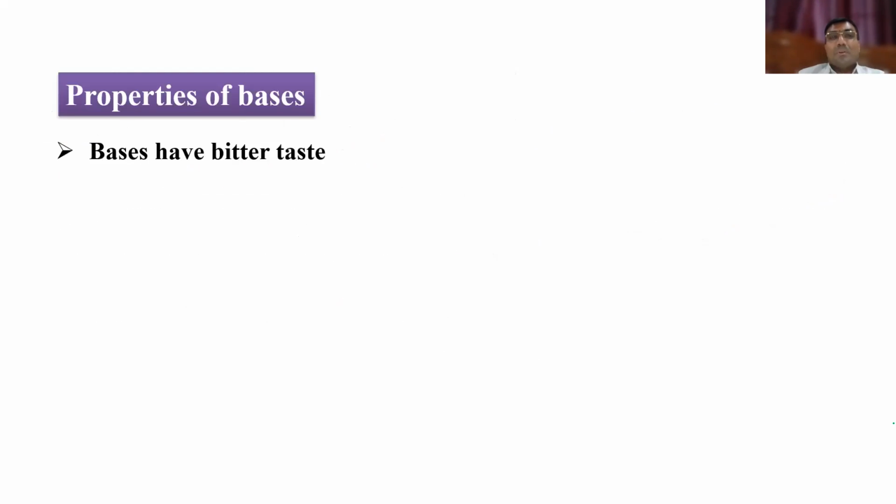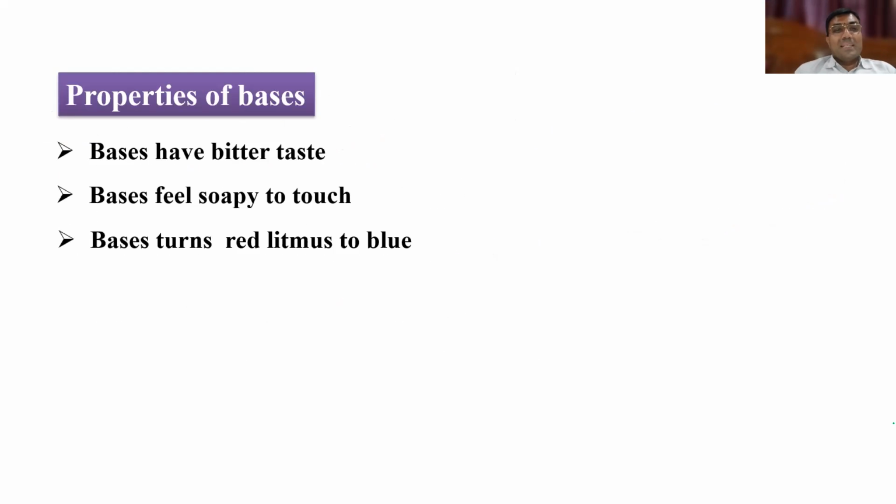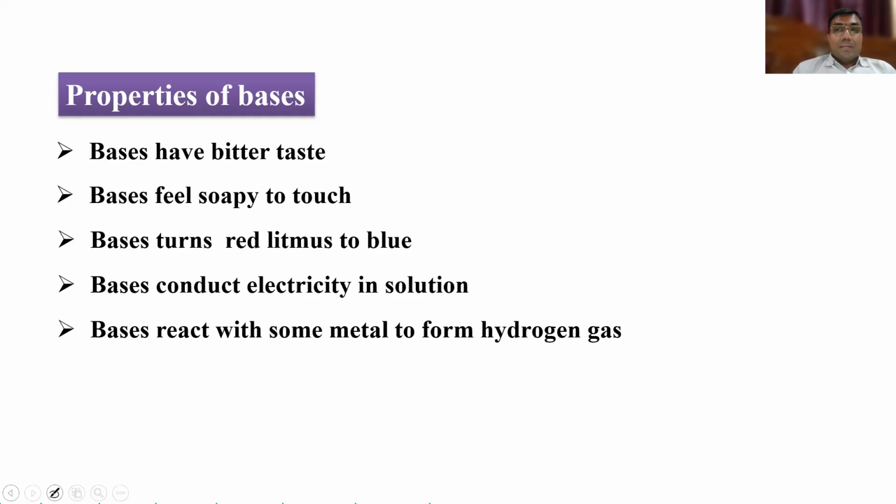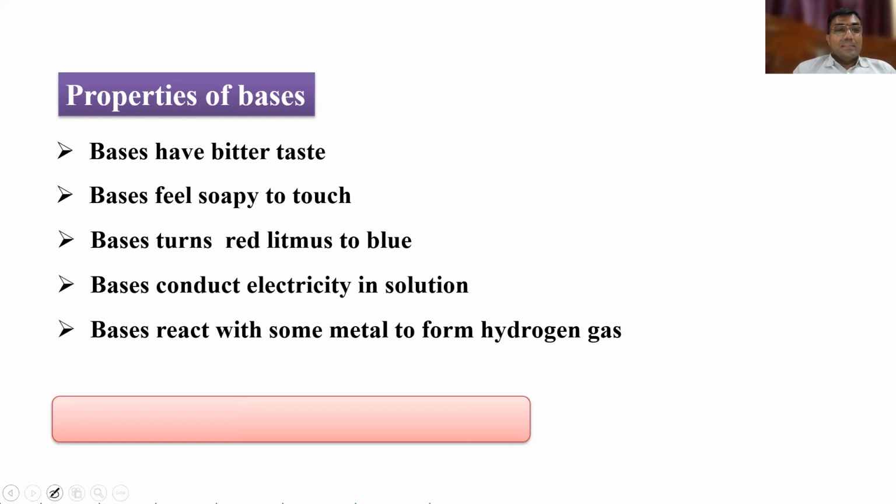So let us see the properties. Bitter, soapy touch, and turns red litmus to blue. You all know all these things, right? Similarly, they also conduct electricity because they completely dissociate and produce ions. Bases also react with some metals and form hydrogen gas.